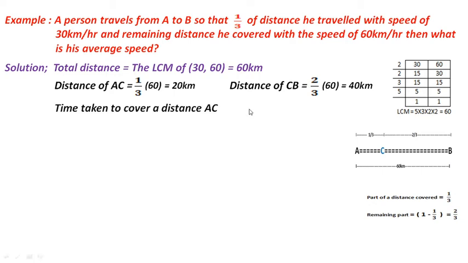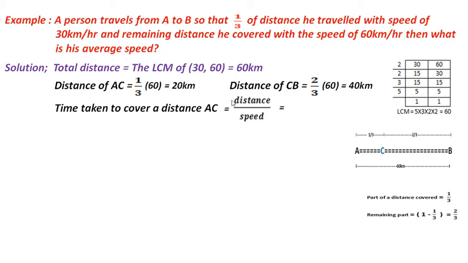In the next step, the time taken to cover the distance AC. How to calculate? You know the time formula: time is equal to distance upon speed. So I have used that formula here. The distance of AC is 20 km and the speed is 30 km/h, because he covered 1/3 of the distance with a speed of 30 km/h.